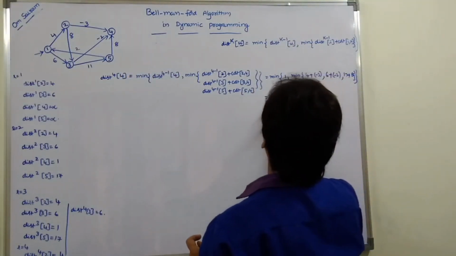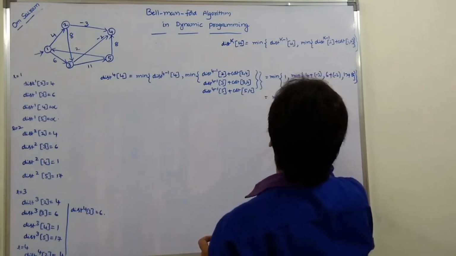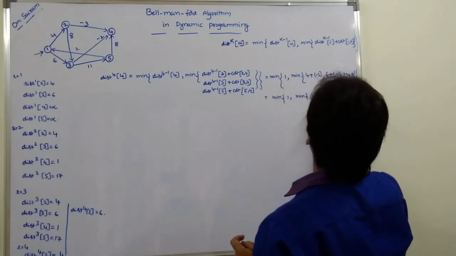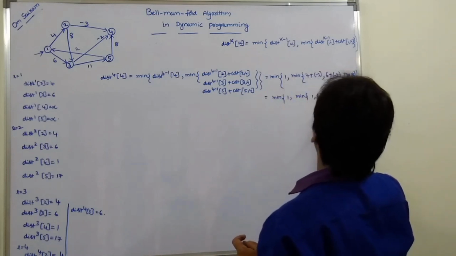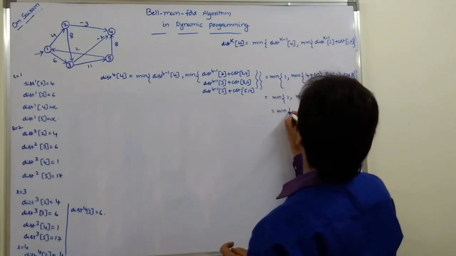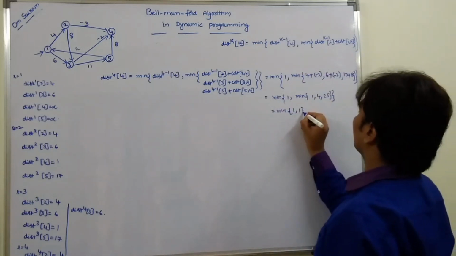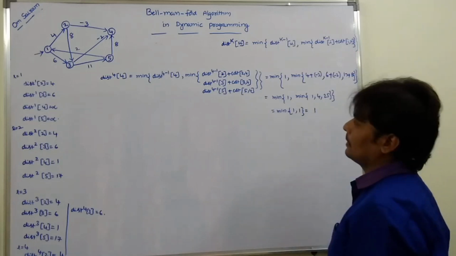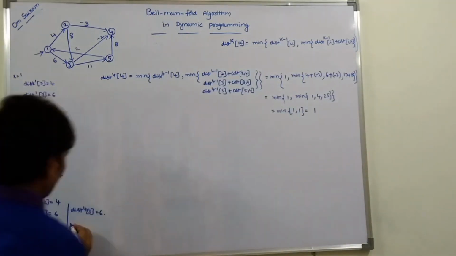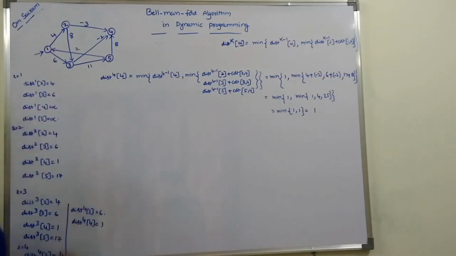So the minimum of 1, comma, the minimum of 1, 4, 25 is 1. So DIST 4 of 4 is equal to 1.